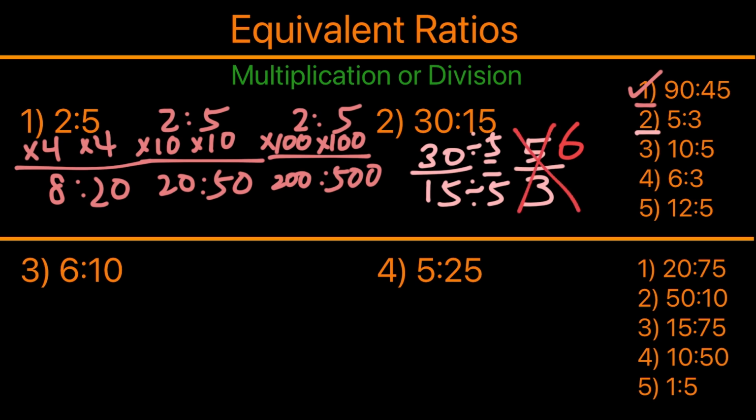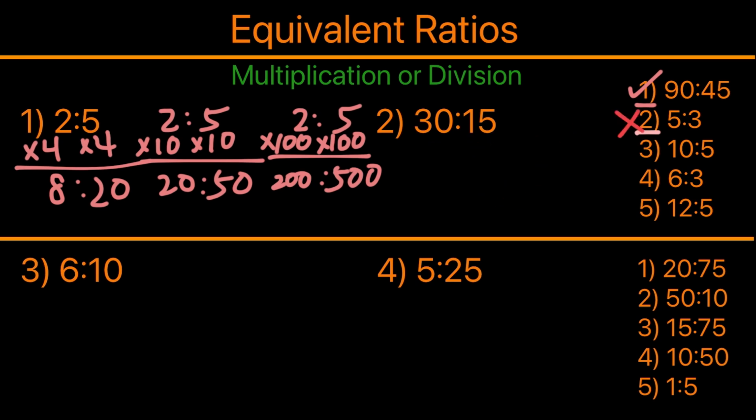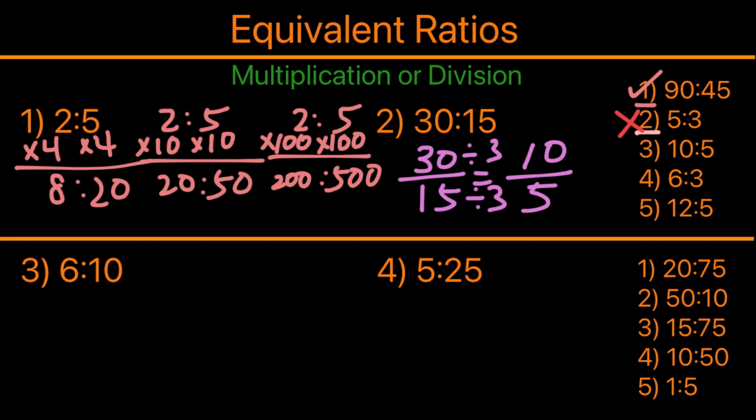And so therefore, that one is incorrect. Now let's try the third option. Okay, 15 needs to divide by 3 to become 5. And 30 divided by 3 is 10. So that tells us that 10 over 5 is correct.